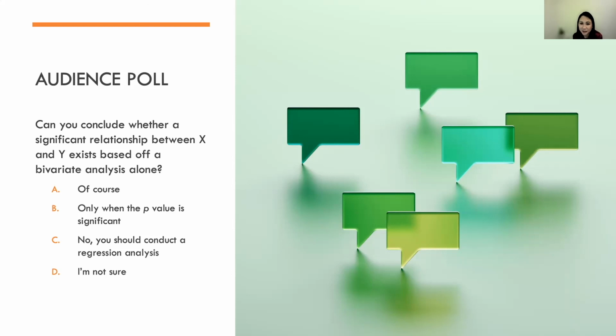Yay, thank you. This is more a reflection on me than it is of you. I am glad to see that I've harped on it enough that no, you should definitely conduct a regression analysis whenever possible. The reason this question is here is that I've definitely seen, time and time again, learners erroneously conclude that an observation is significantly associated just based off the bivariate alone.